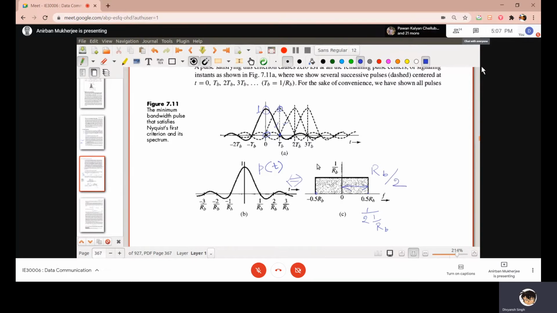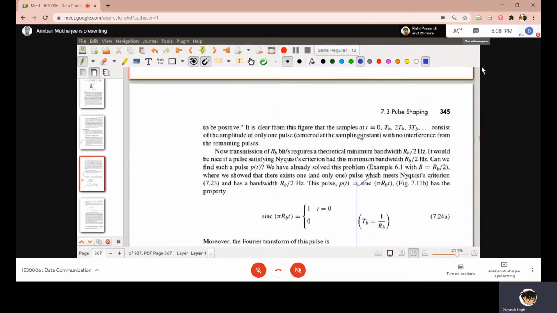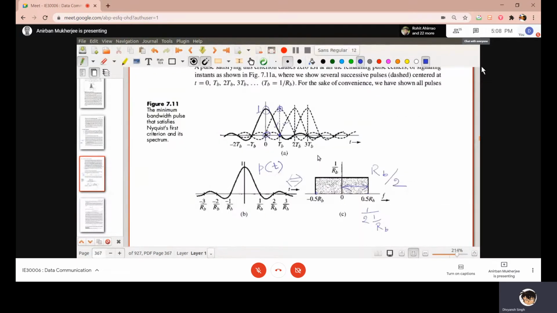Here you try to understand that the transmission is RB bits per second. RB bits per second means in 1 second you are sending RB bits.